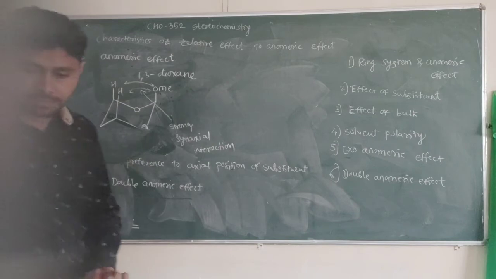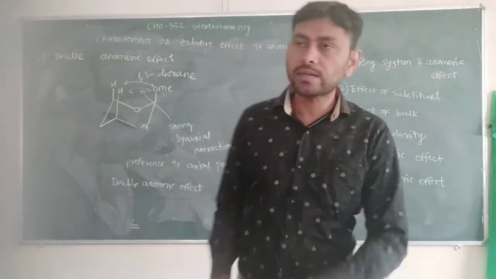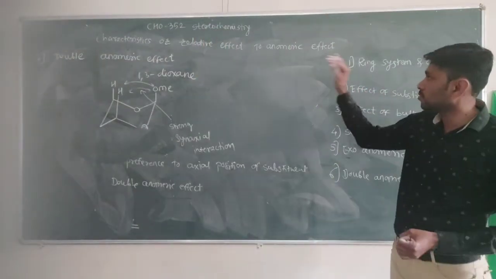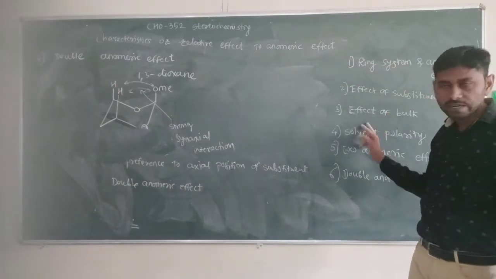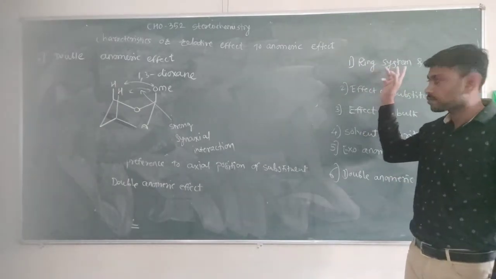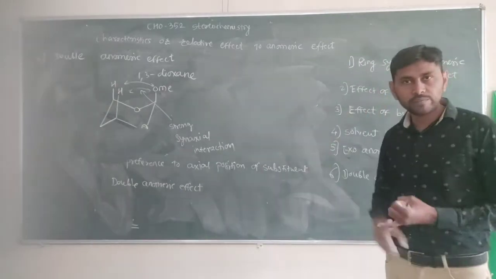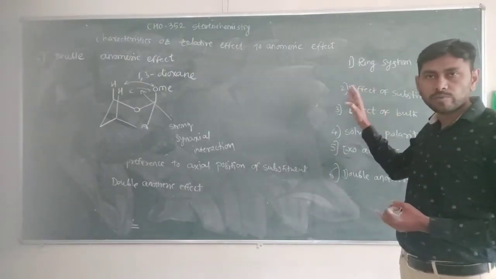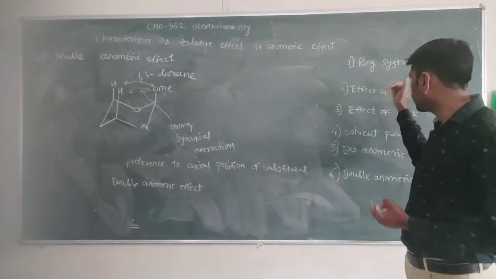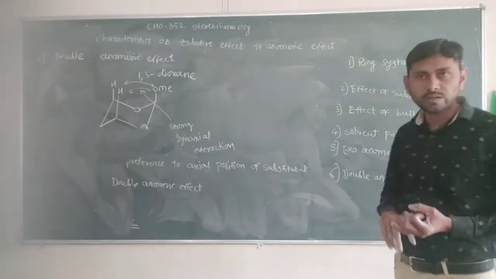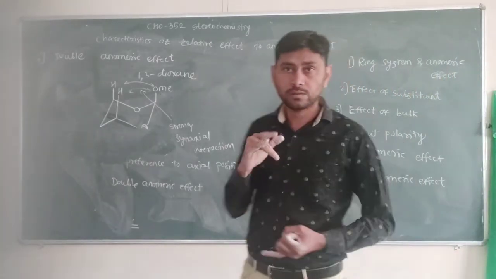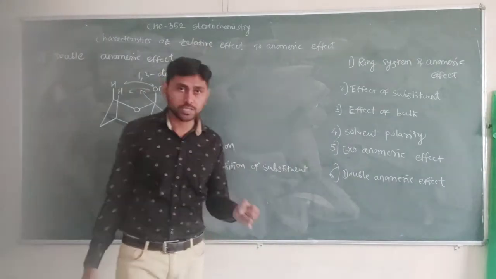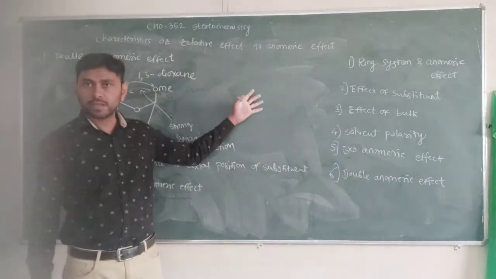So in this way we have studied the characteristics or some related effects of the anomeric effect, that is ring size, ring system, and anomeric effect. You know that there are certain rings such as tetrahydropyran that show this type of effect. Second, the effect of the substituent. The nature of the substituent has much more effect on the anomeric effect.